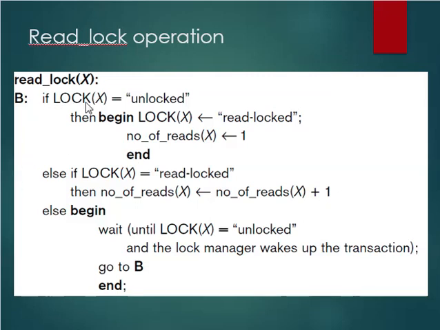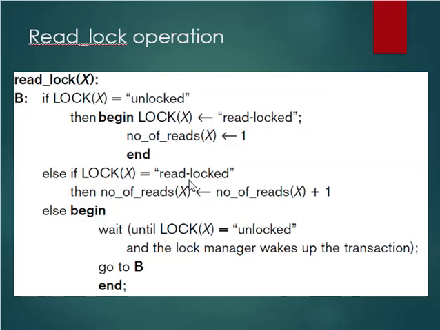And if this if condition is not satisfied, you have to check whether the other two states exist, whether lock of X is equal to write lock or lock of X is equal to read lock. So first we need to check whether lock of X is equal to read lock. Maybe one or more transactions currently have that particular data item X read locked.